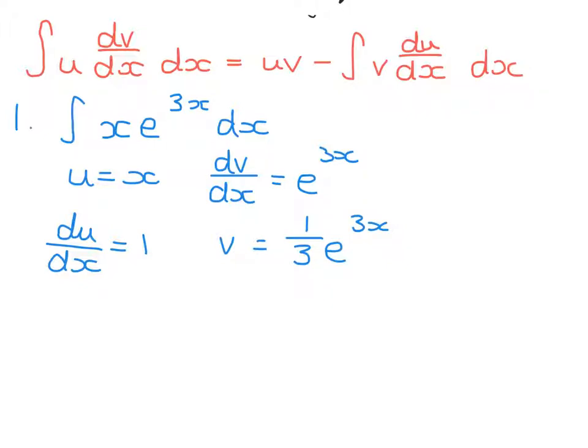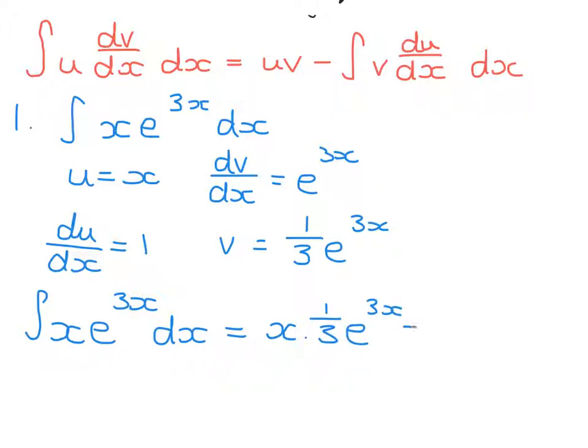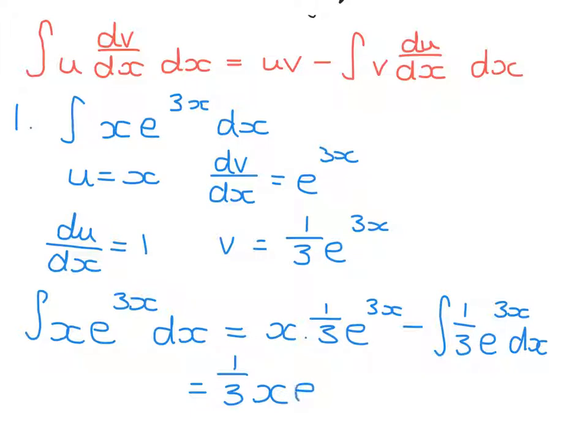So substituting these values into the formula gives us that the integral of x times e to the power of 3x dx is equal to uv, which is x times 1/3 e to the power of 3x, minus the integral of du by dx times v, which is just 1/3 e to the 3x dx, which equals 1/3 times x times e to the 3x minus 1/9 times e to the 3x plus our arbitrary constant c.